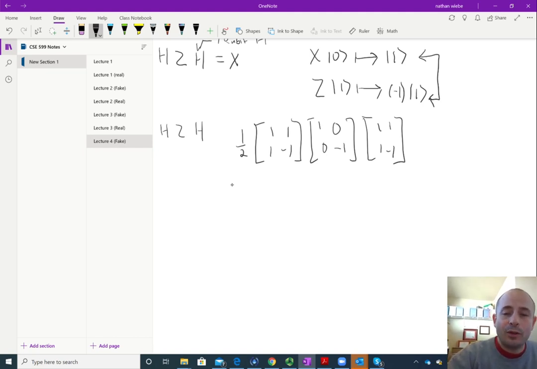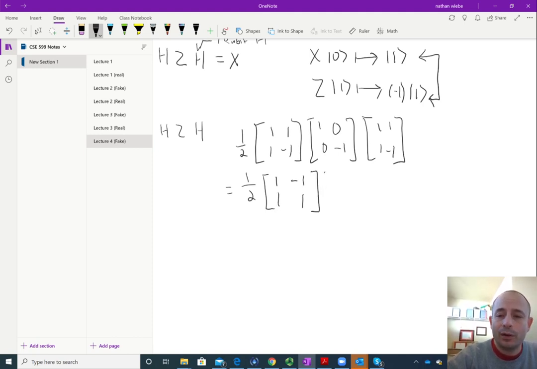So let's do the matrix multiplication. I'll start from left to right. Multiplying row 1 by column 1, I get 1 minus 1, 1, 1 over here.